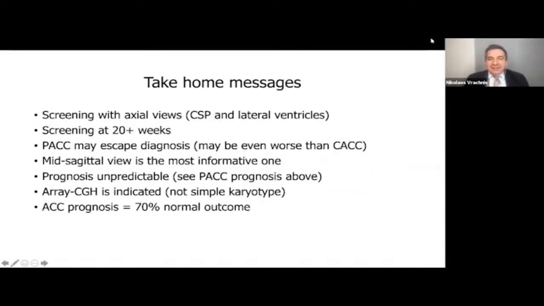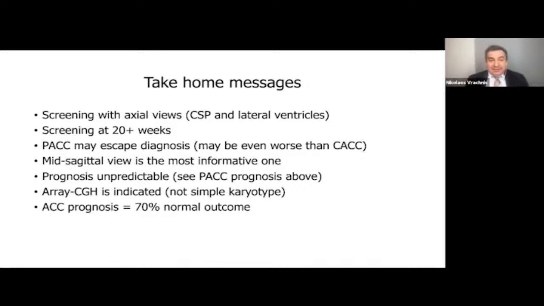So my take-home messages: we have to start our screening with our axial views and the transventricular plane. We have to make sure that the CSP that we are looking at has a normal size. We always assess CSP and CC after 20 weeks. Partial agenesis of the corpus callosum may escape diagnosis.